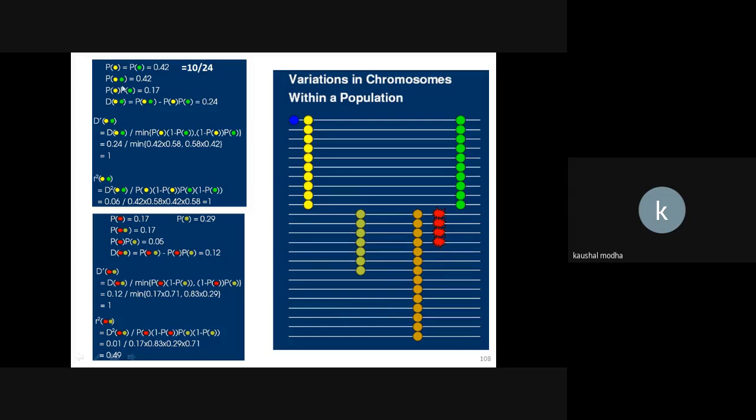Now their joint occurrence. We can calculate the joint frequency considering the individuals where yellow and green are present together. So it is 10 divided by 24. The joint frequency is 0.42.